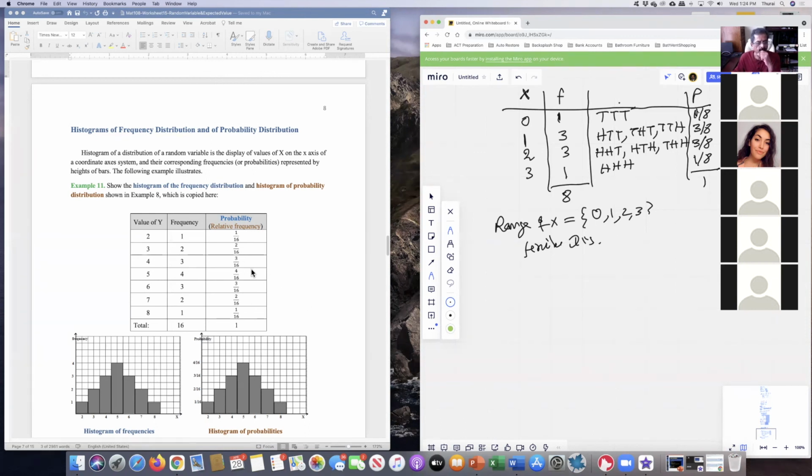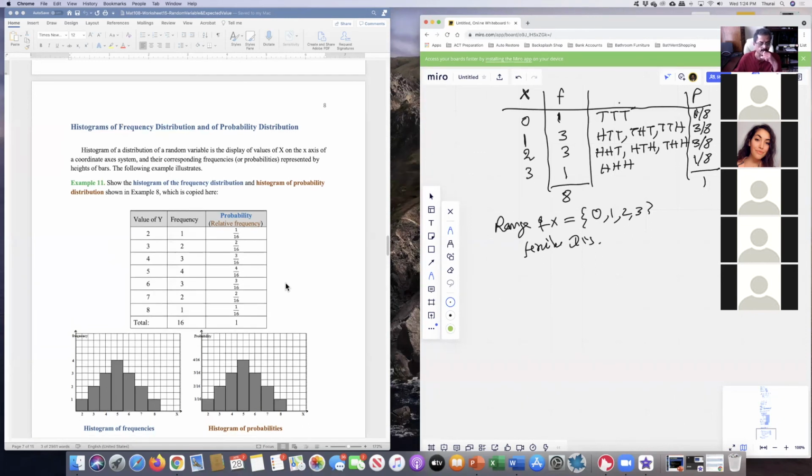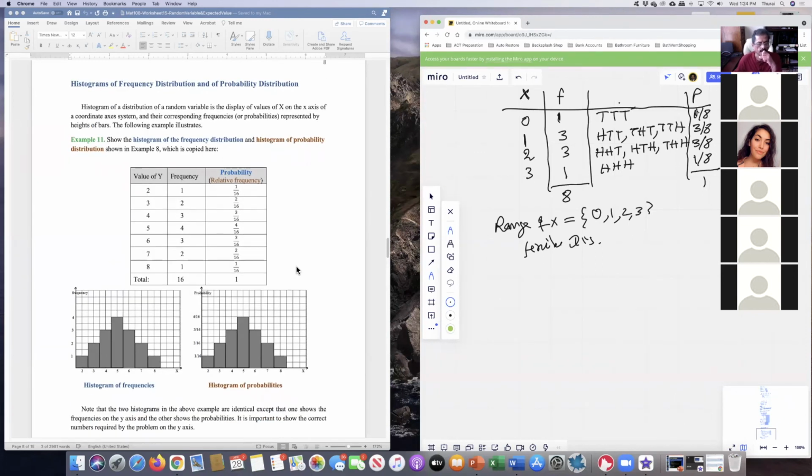So showing these numbers in a picture is always the best way to demonstrate. You have seen business people, when they have to demonstrate things in a meeting and show how their business is behaving, they always use these histograms to show how things are going.